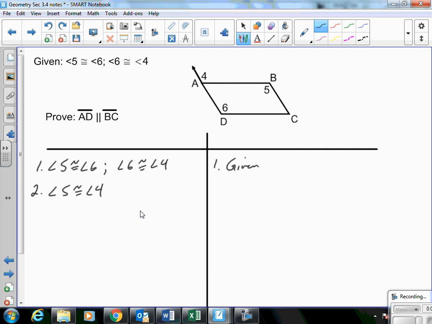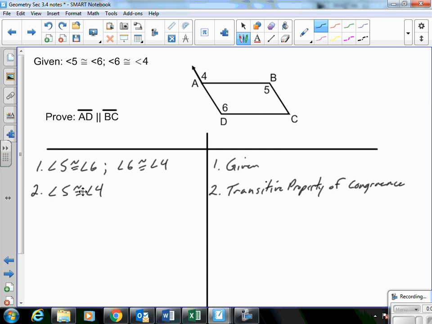Two things congruent to the same thing, so they're congruent to each other. Use it all the time. It is the transitive property of congruence, because we're talking about things that are congruent to each other.